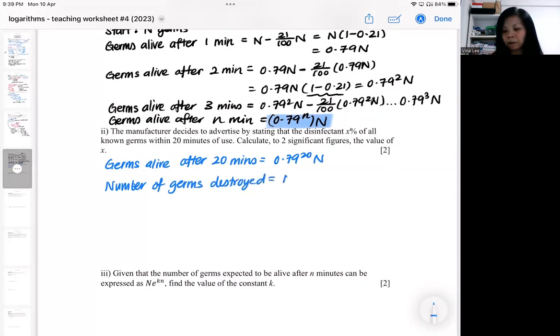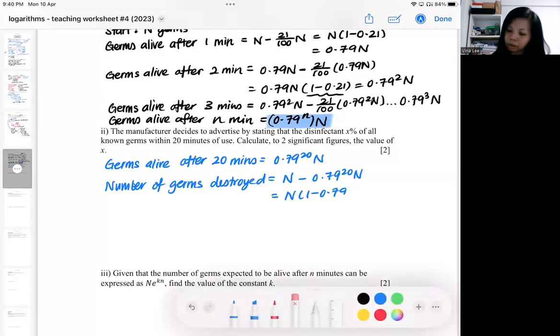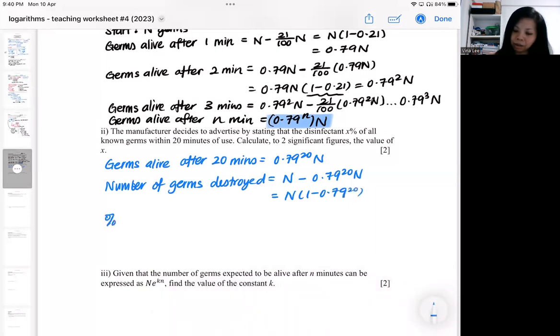Don't forget, we start from n number of germs, so we take away the germs that are alive to find out how many germs are destroyed. Then I convert to percentage: the amount destroyed divided by the original, times 100%.